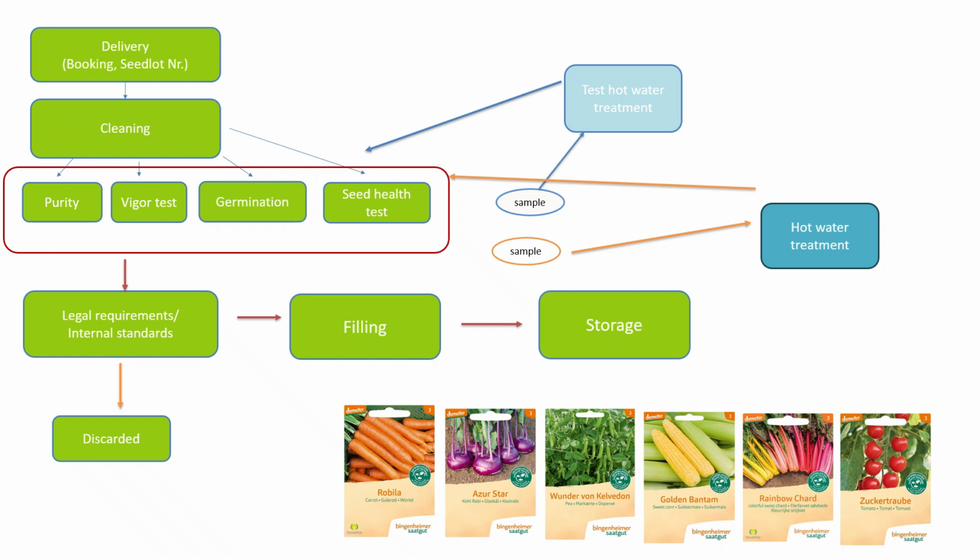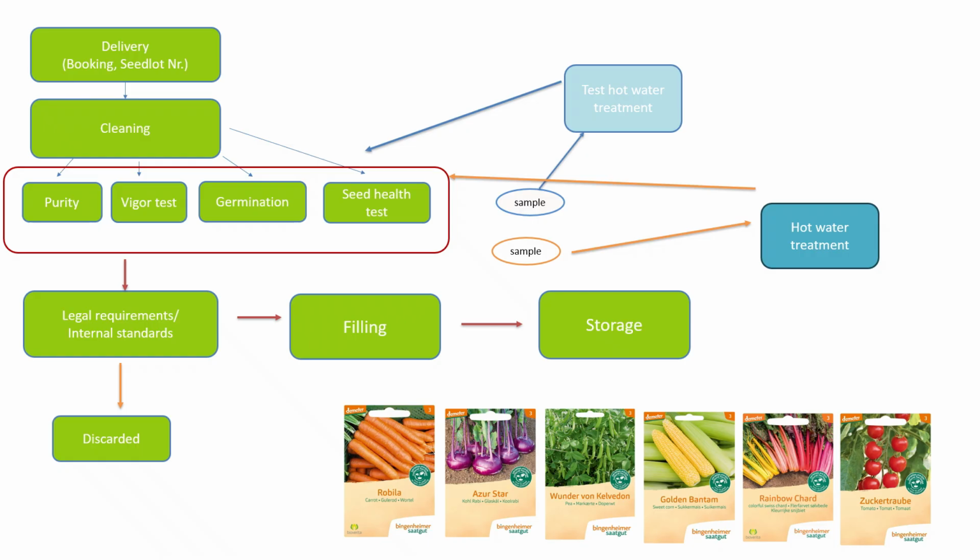Starting with the seed delivery, booking, and assigning a seed lot number, seeds come to our cleaning facilities, and after the cleaning, the purity of the seed sample is checked. Then diagnostic testing includes the Vigor tests, germination, and seed health tests. After that, verification against legal requirements and internal standards is done.